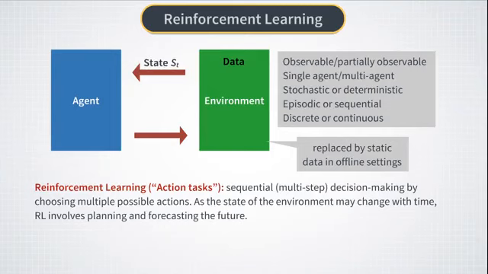So the agent observes states ST of the environment and then performs an action AT. As a result, the agent gets a reward RT while the system moves to a new state ST plus 1. Now, in a general setting of reinforcement learning, probabilities of transitions to new states, ST plus 1, may depend on the action AT taken by the agent.